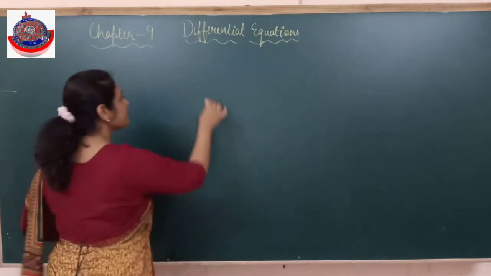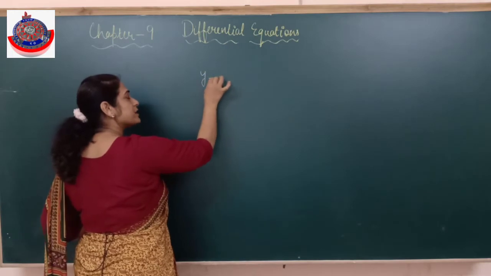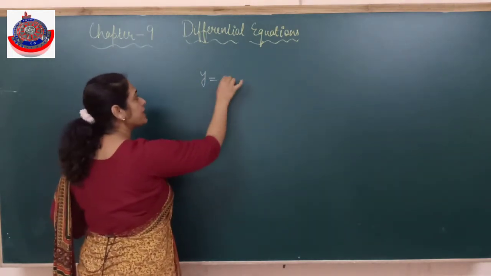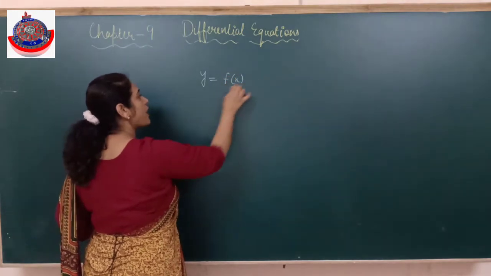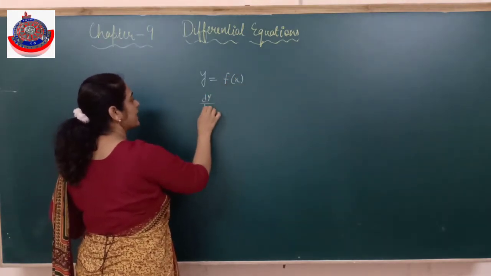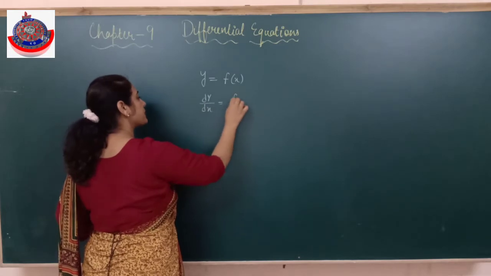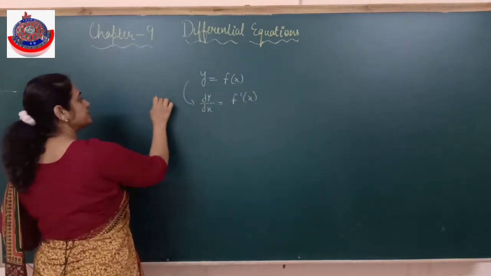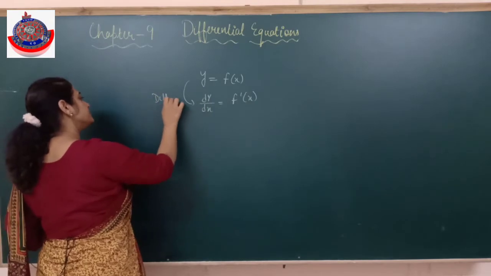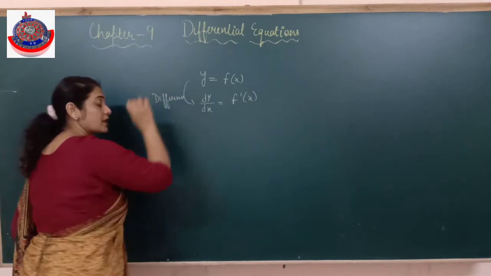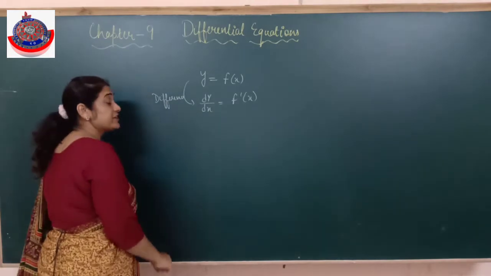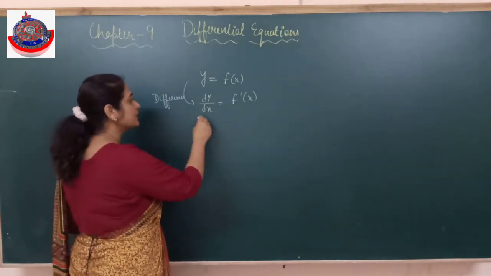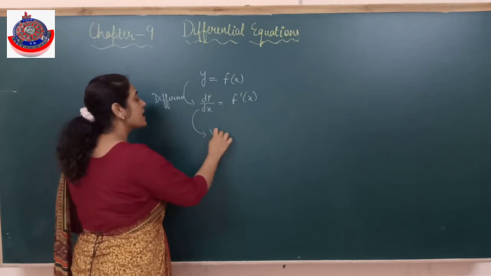Now what did we do? First of all, in derivatives, a function was given and we found its derivative. This we did in differentiation. Now what did we do in integration? The derivative was given, and we found the function.